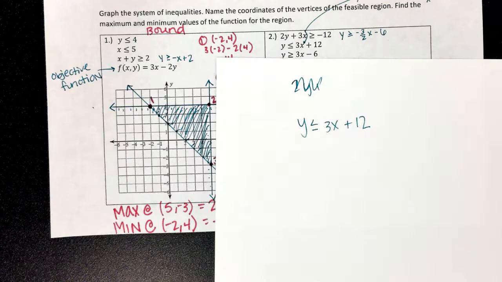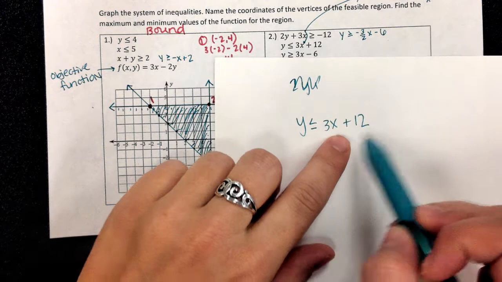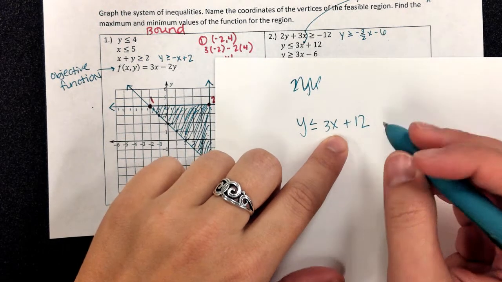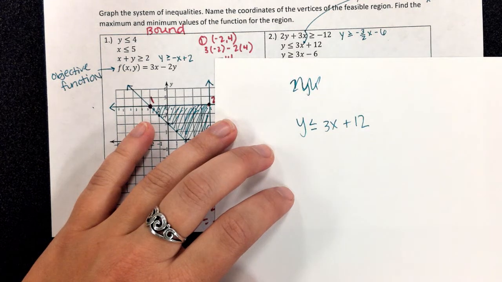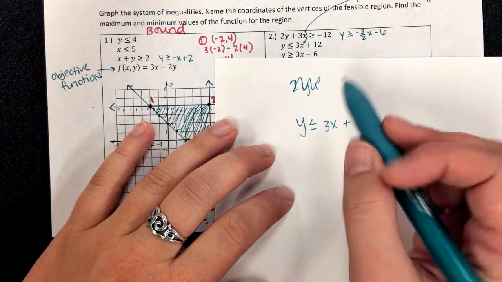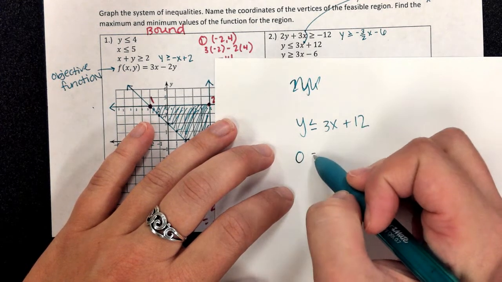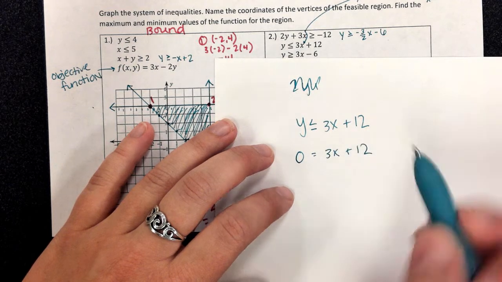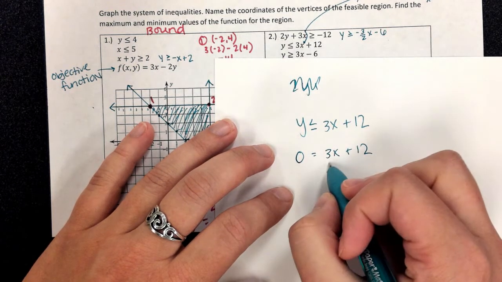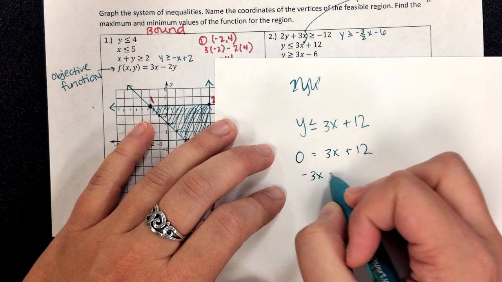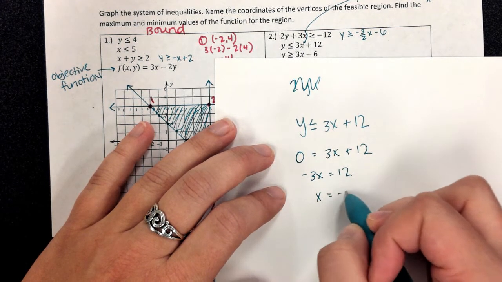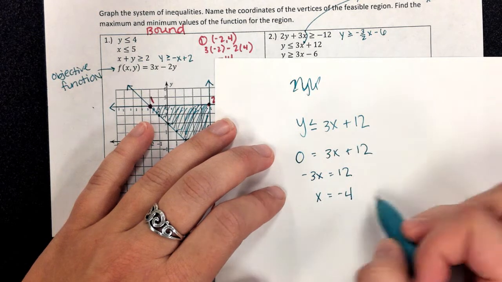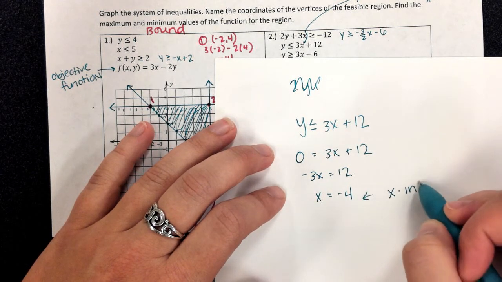All right, so to find this, I have a y-intercept of 12, but that's not on my graph. You agree? So instead, I can find my x-intercept. And how I find an x-intercept is I know that my y has to be equal to 0. So if I move my 3x to the other side, I have a negative 3x equals 12. So x would give me a negative 4. So this is my x-intercept.